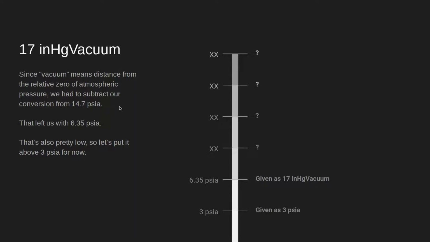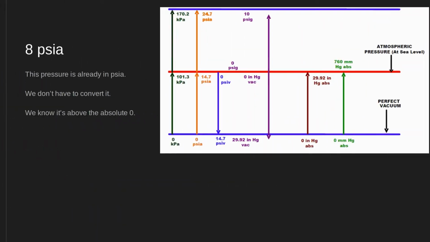We had to subtract that from 14.7, which left us with 6.35 pounds per square inch absolute, which means above zero rather than from the relative zero of atmospheric pressure. Okay, let's do another one.